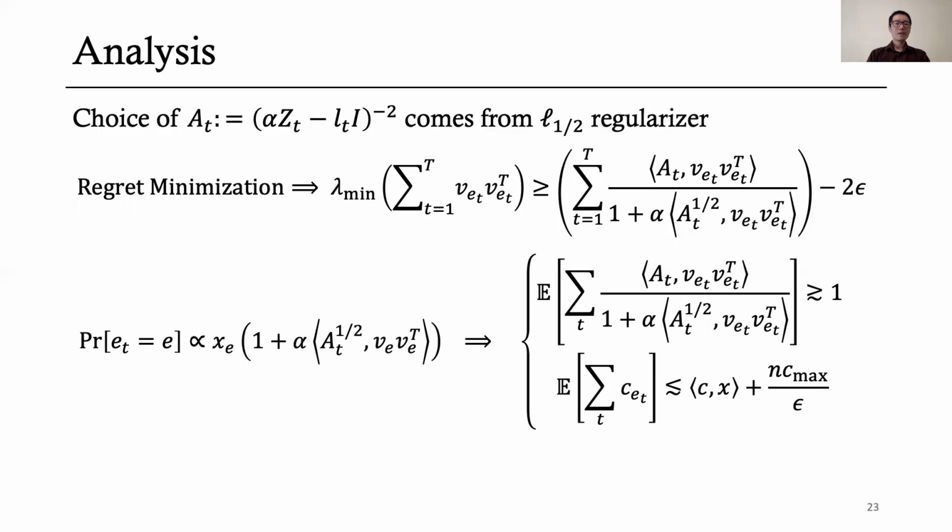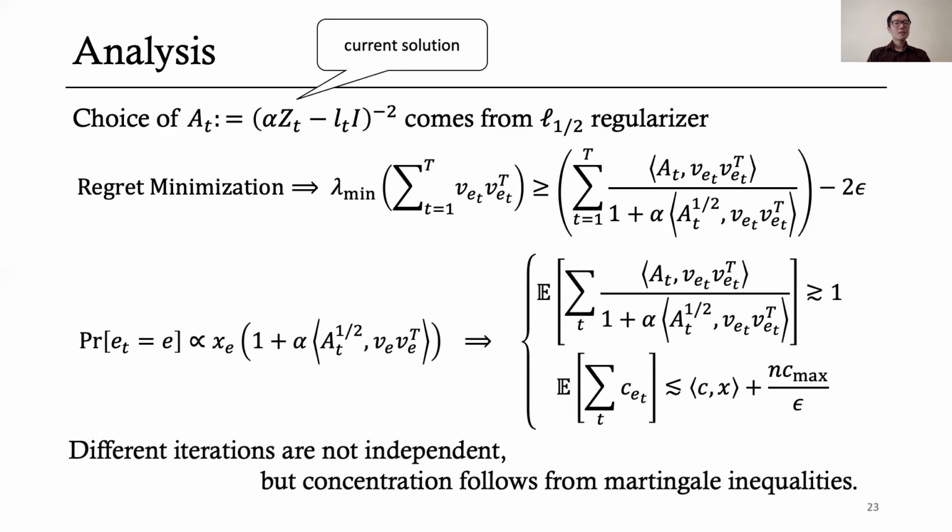To guarantee we can achieve both of these simultaneously, we need some concentration. However, different iterations are not independent because the sampling probability is based on the density matrix A_T, which is defined with respect to the current solution Z_T.